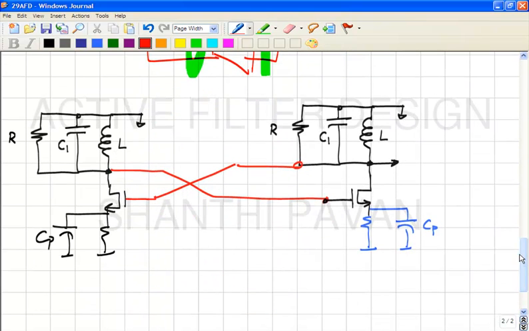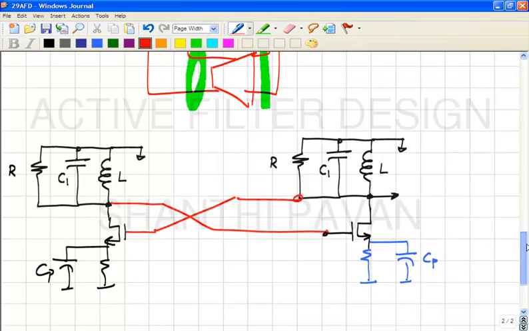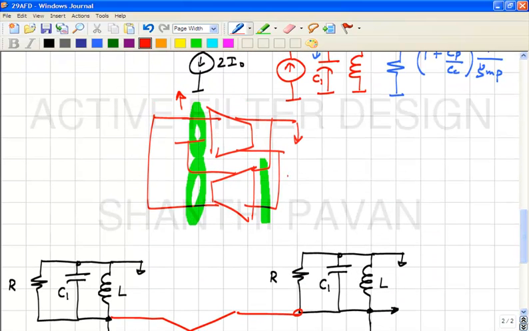Let's see what happens. If I yank this up, what will tend to happen to this output voltage? It will tend to come down. If this comes down, what will tend to happen to the output common mode?